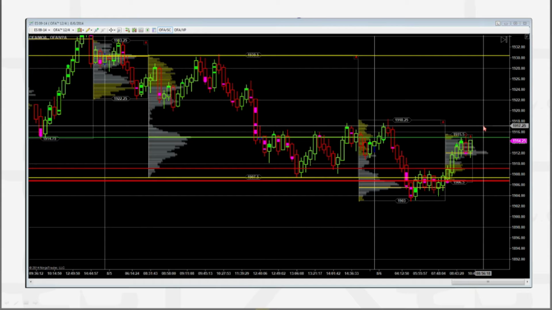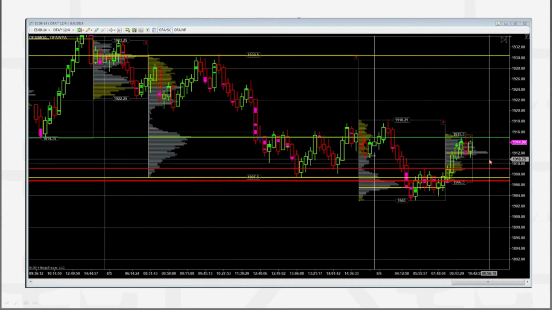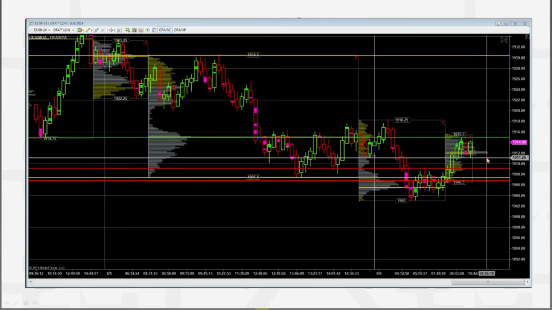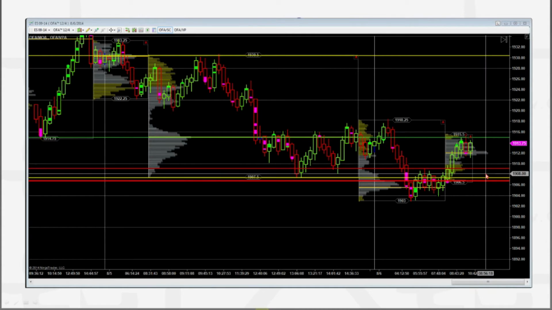But for me now, because of the way this worked, I would need to see price, and we came back down here to 1125, I would need to see price really break through 1075 and back down through the open for me to start thinking short.